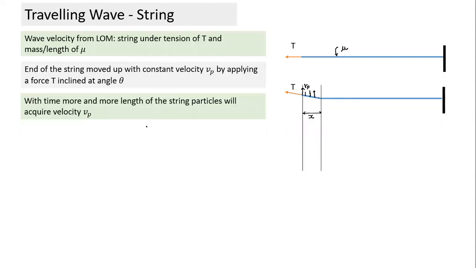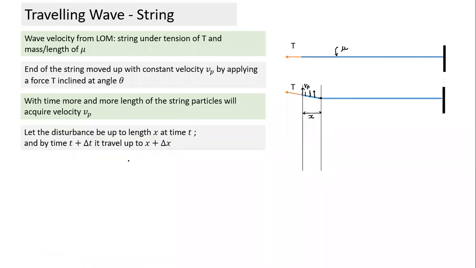So with time, more and more length of the string will acquire velocity Vp. This is what will happen after some time. Right now it has traveled only up to this point. After some time it will travel further. Let's understand. It has traveled up to distance x in time t. If we take some extra time, this x also will increase.